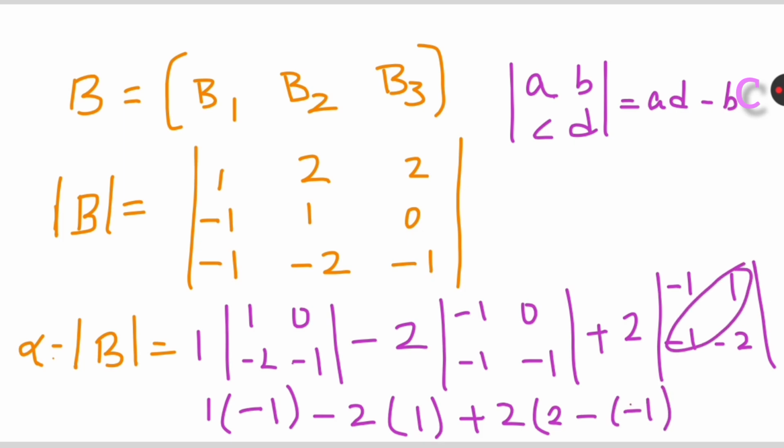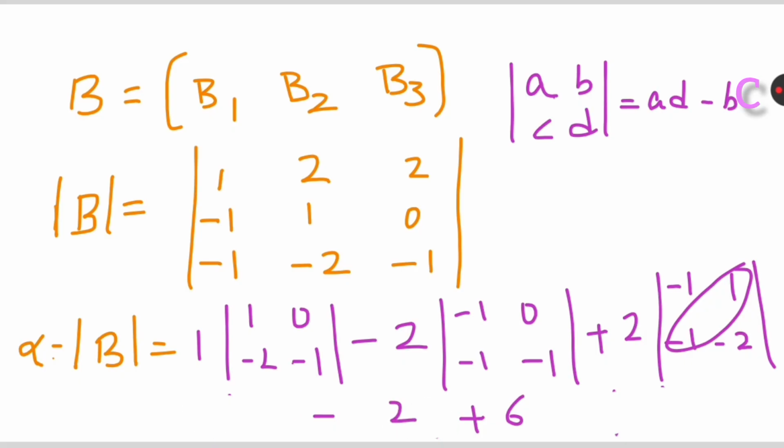So minus minus plus, so it's going to be 2 plus 1 which is 3. 3 times 2 which is 6 here. Here 2 times 1 is 2 and here 1 times minus 1 which is minus 1. So minus 1 minus 2 gives minus 3. Minus 3 plus 6 gives only 3. The determinant of B, the value is 3. So this is the alpha value. Therefore alpha equal to 3.